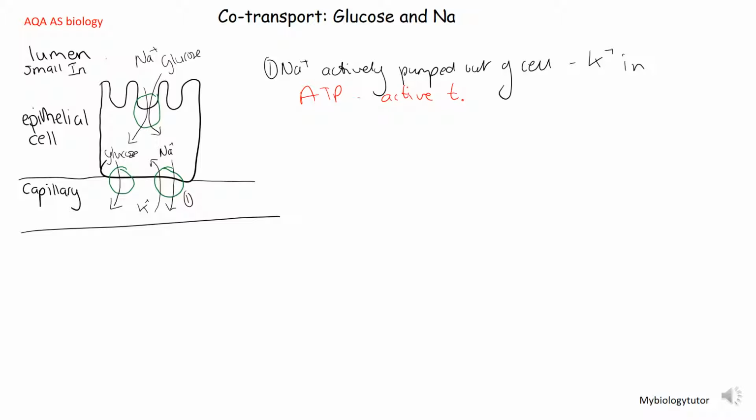So in other words, it is going against the concentration gradient. So when the sodium has been actively pumped out of the cell, we end up with a concentration gradient. So that means that for number two, we've got a low concentration of sodium inside of the epithelial cell.